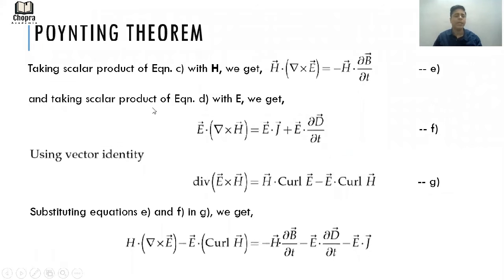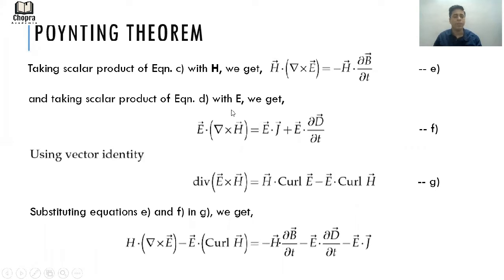Now we take scalar product of equation number 3, which is Faraday's law of electromagnetic induction. We take scalar product of equation C with H. So we get H dot of curl E is equal to minus H dot dou B by dou T. So we call it equation number E. Now we take scalar product of equation D, which is the last Maxwell's equation, modified Ampere-Circuital law.